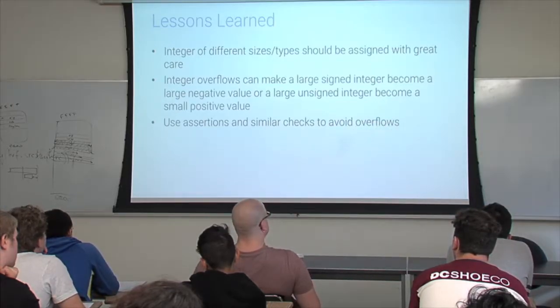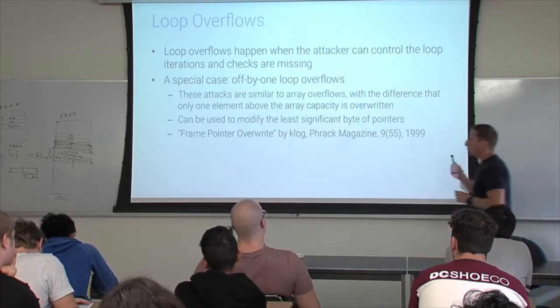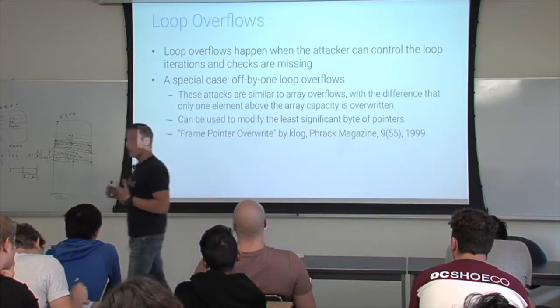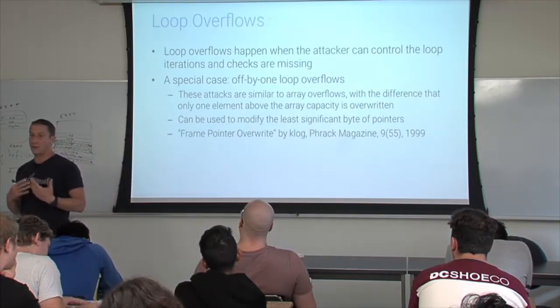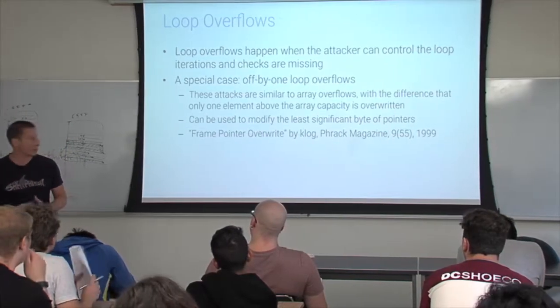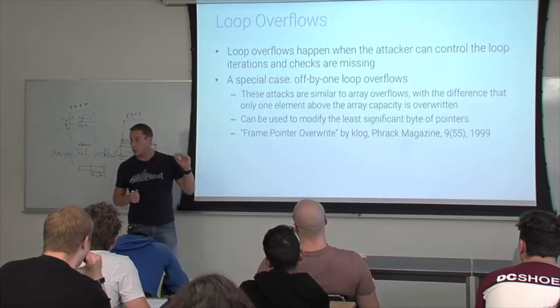Okay, we have another few minutes. And then we have loop overflows, which are fundamentally situations in which you have a loop that copies stuff, the boundary condition is not checked correctly, and suddenly you spill stuff around the stack. A special attack is the off by one loop overflow.